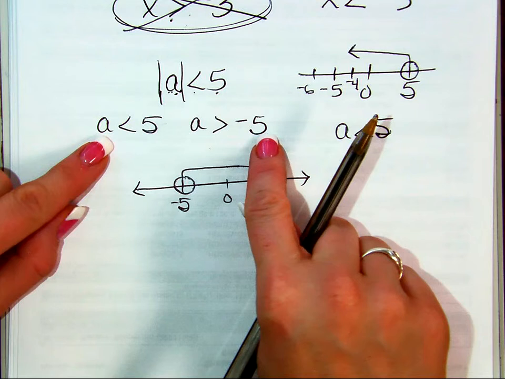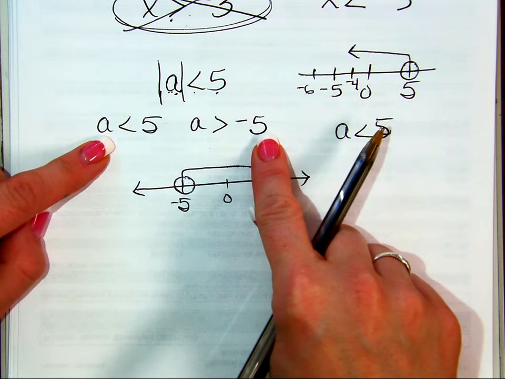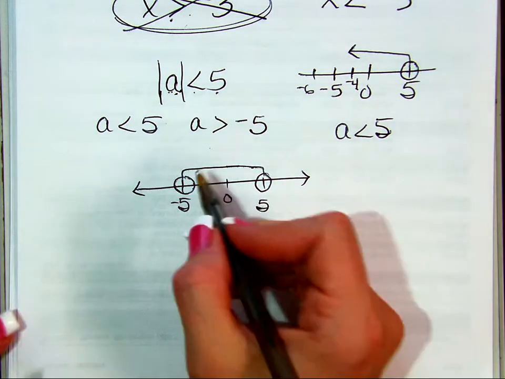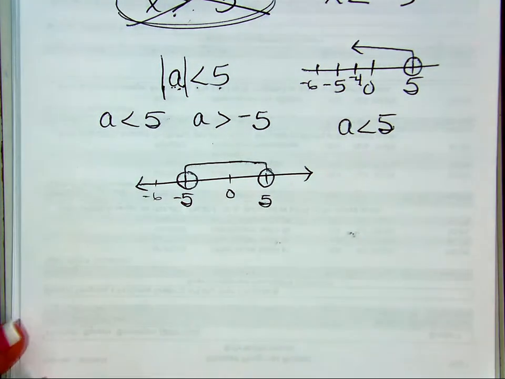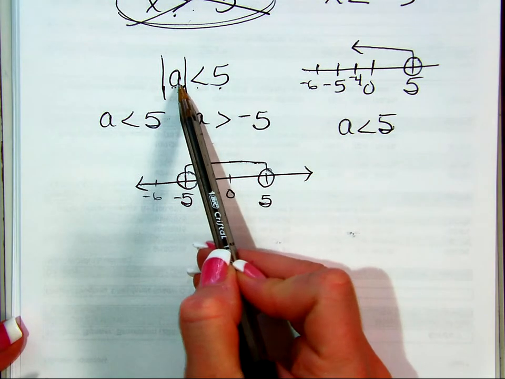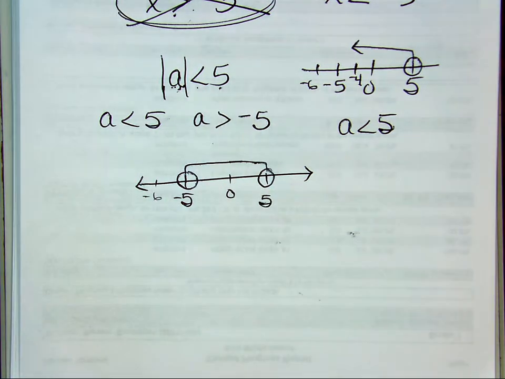So when they're written separately like this, you're thinking it's an or, right? So I might say, oh, I'm going to look at negative 6 because negative 6 is less than 5, isn't it? Sure. But when you put it in, is it true? So that and or plays a big part in today, right?